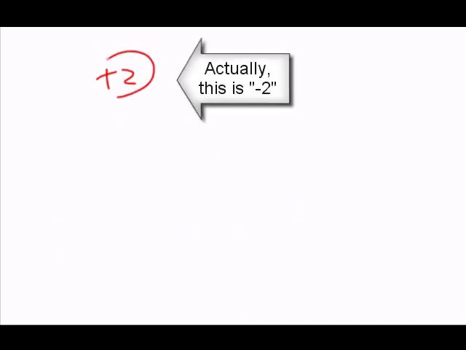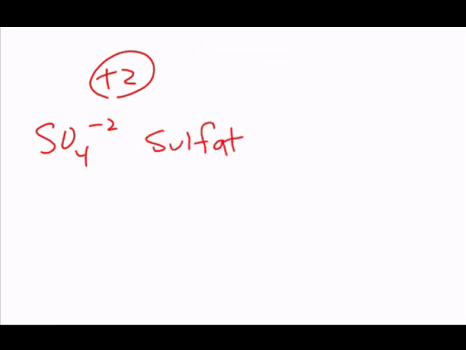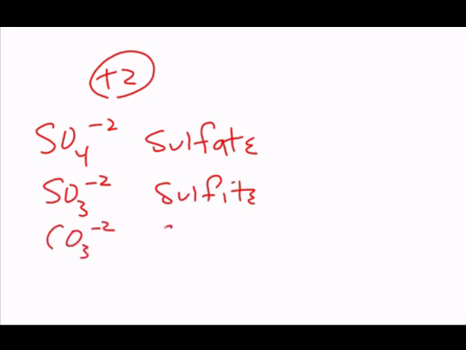Now for the -2s. We have sulfate, SO4 -2, and then we have sulfite, SO3 -2. Carbonate is CO3 -2.